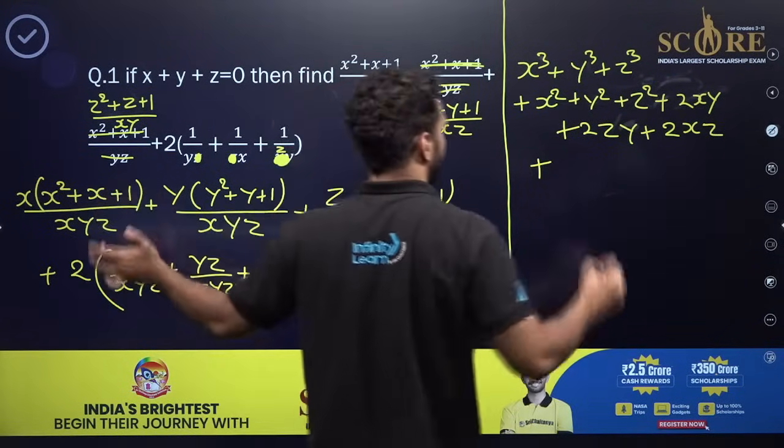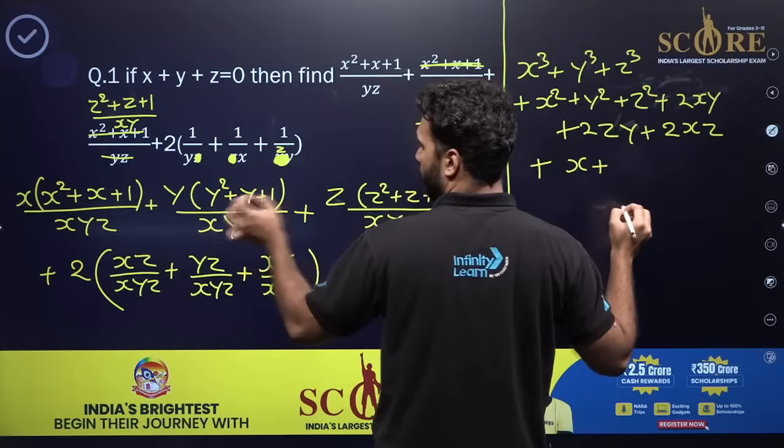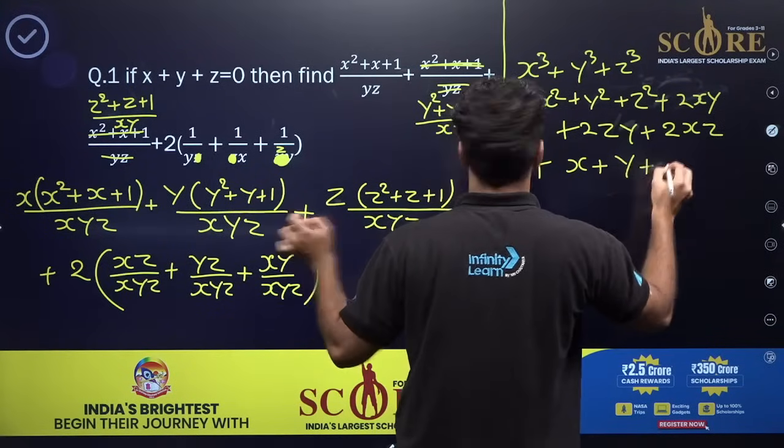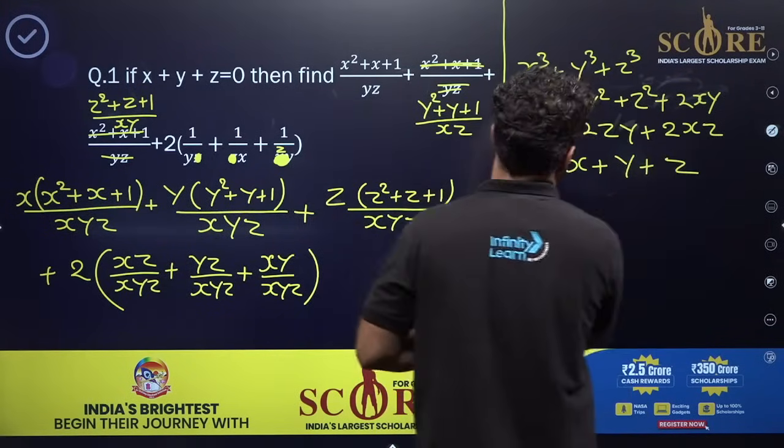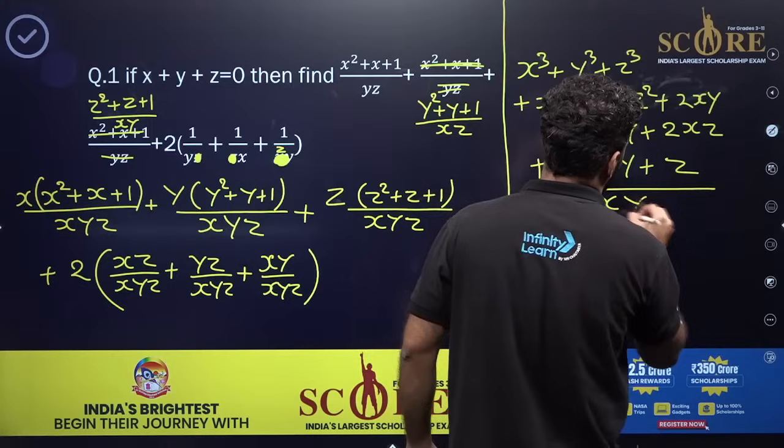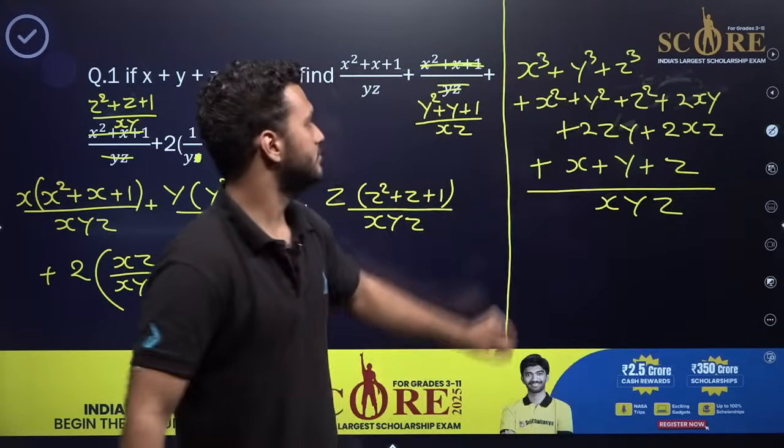Sir, x into 1 x plus y into 1 y plus z into 1 z, and the whole divided by x, y, z.